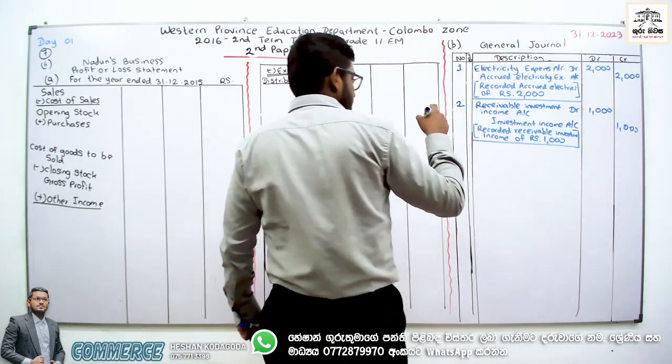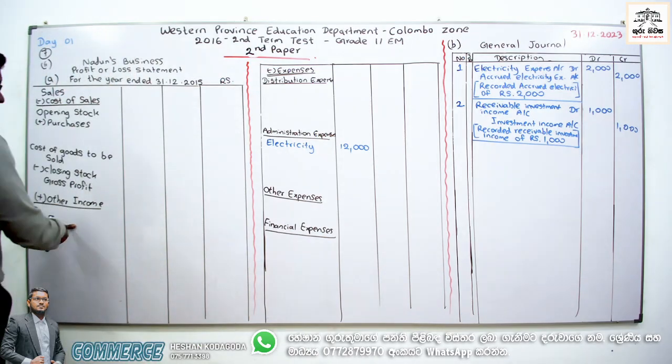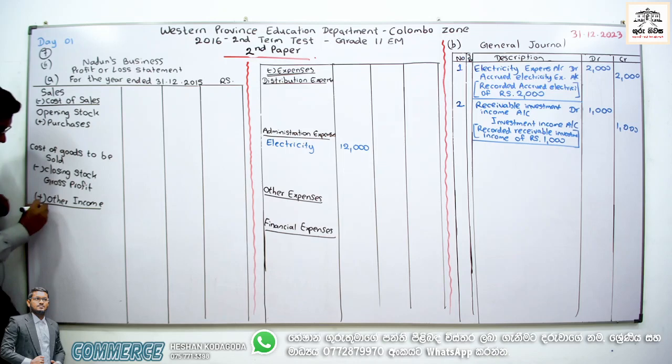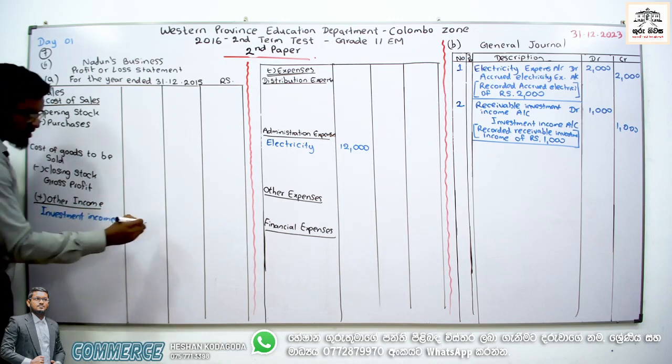This investment income, which type should you identify? Other income. Is it clear? You need to write this investment income here. It's rupees 1,000.